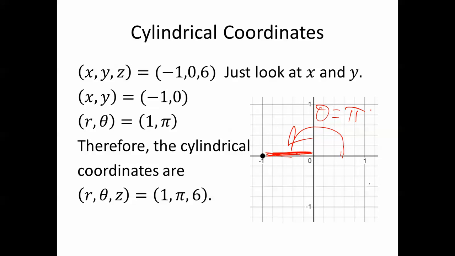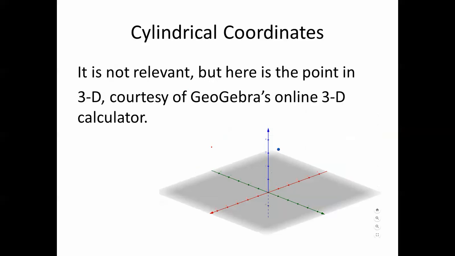Therefore, the cylindrical coordinates r, theta, z are 1, pi, 6. So again, just find the polar coordinates of the point with these rectangular coordinates, throw in z equals 6, and you're done. It's not relevant, but here's the point in 3D, courtesy of GeoGebra's online 3D calculator. It's a little better when you toss in that line, and you can see where -1, 0, 6 is.